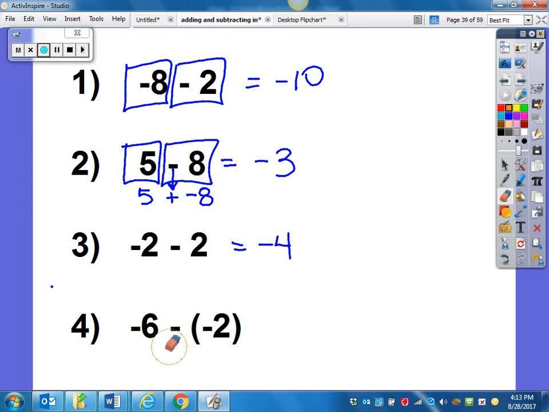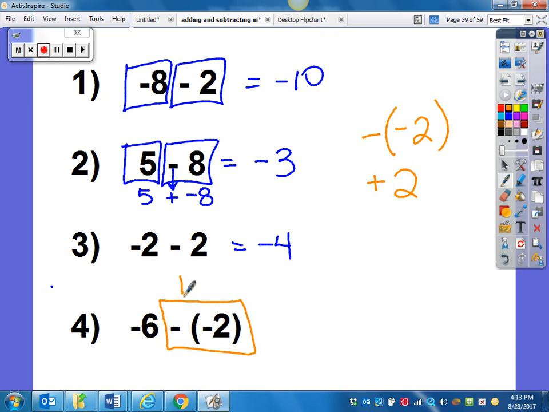I'm going to take this part of my number and I'm going to rewrite it over here. The opposite of -2. Well, the opposite of -2 is a +2. We learned that last unit. So you can replace that with +2.